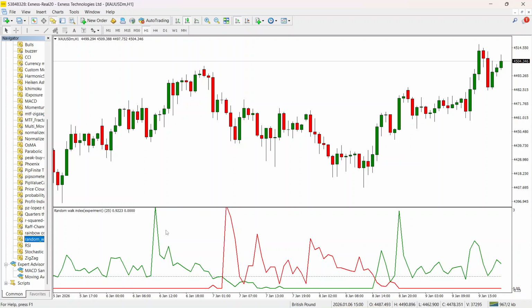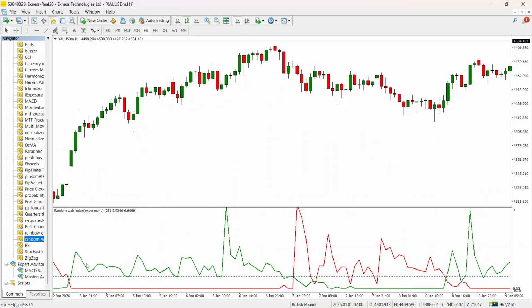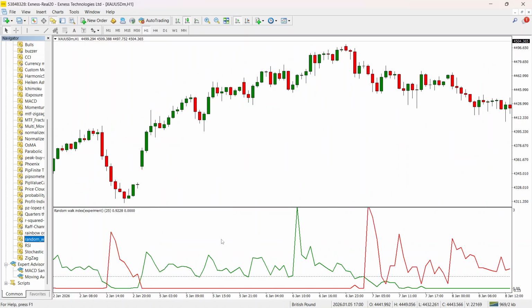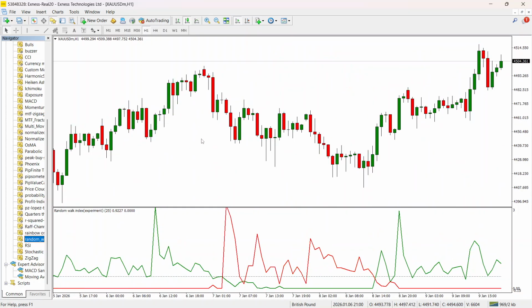When RWI high rises above 1, it signals a strong bullish trend, as you can see displayed on the chart here, here, and also here. And when RWI low moves above 1, it indicates a strong bearish trend, again as you can see on the chart.